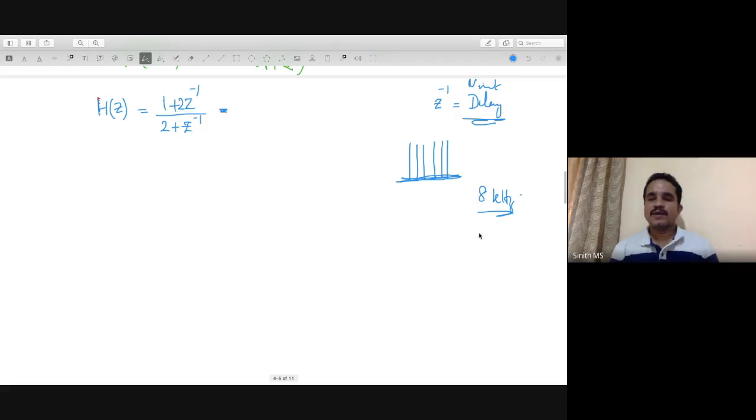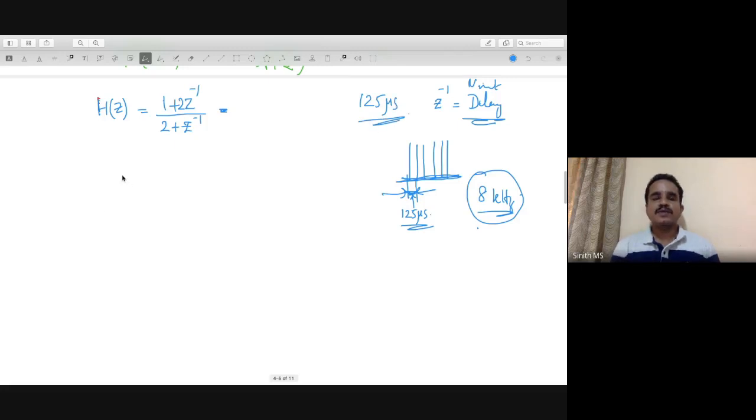So if you have 8 kilohertz, between two samples you have 1 by 8000 second or 125 microsecond. So unit delay with a sampling rate of 8 kilohertz means it is 125 microsecond.